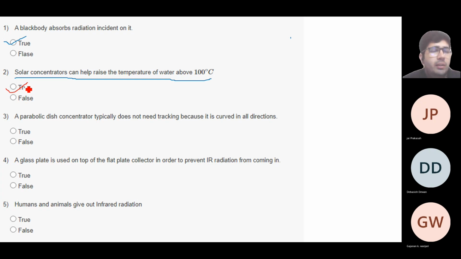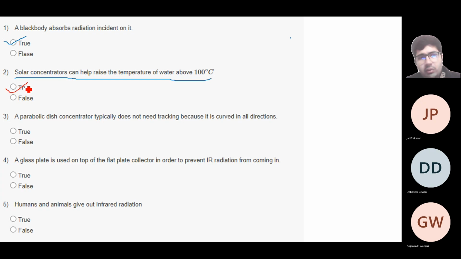Option 3: a parabolic dish concentrator typically does not need tracking because it is curved in all directions. Is it true or false? Do you need tracking of the parabolic dish concentrator? And what is the meaning of tracking? Tracking means that your collector is tracking the sun.